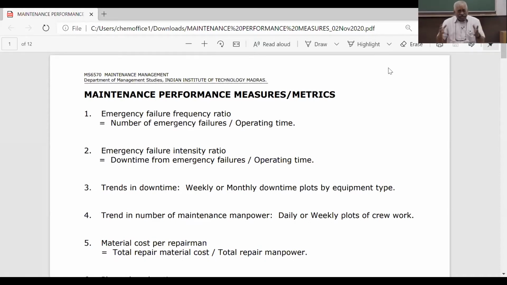So all this is the environment in which we are trying to talk about performance measures. I hope you are able to get this point. You cannot isolate performance measures from the human context in which they are there. So there's a lot of discussion to be had when you're dealing with the work of maintenance. And don't forget, maintenance time is counted under downtime. I hope all of you will recall that. When the machine is not running, it is downtime.